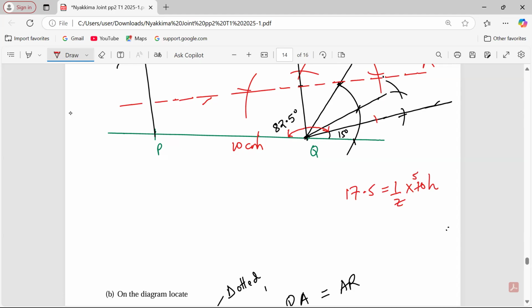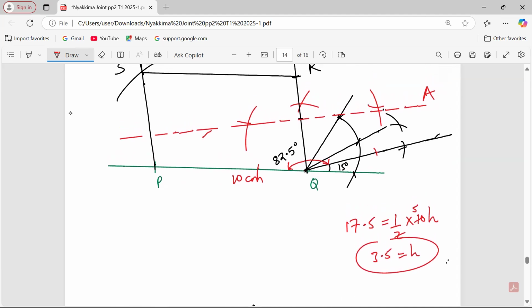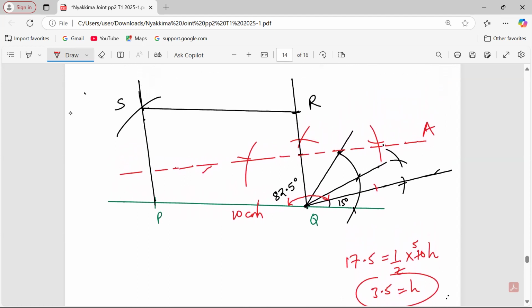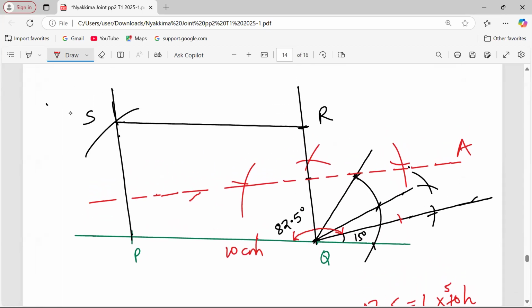This is 5. When we divide through by 5, we get 3.5 being the value of h. Therefore, now we're going to draw parallel lines to PQ such that this line is going to be 3.5 centimeters away. So we're going to measure 3.5 from P and Q.